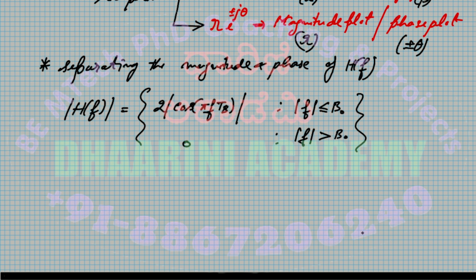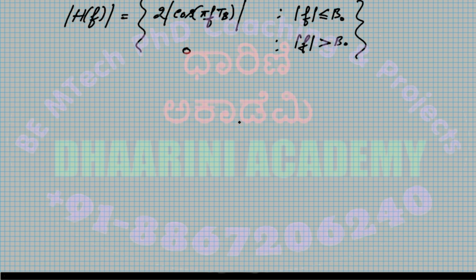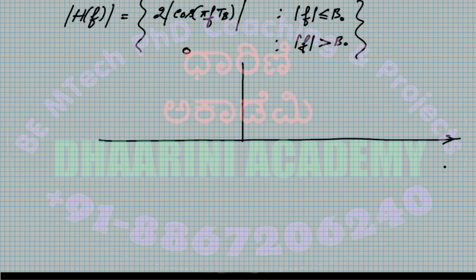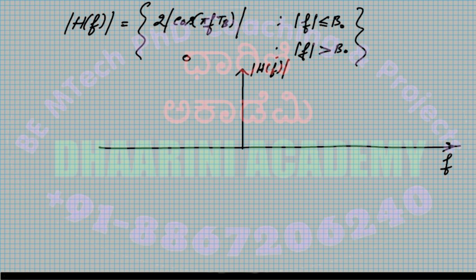All right, so let us try to look at this waveform. This is just a magnitude plot. This is f, and this is what I'm trying to plot as the magnitude of H of f. Now you put f equal to 0 because the horizontal axis is f. When you put f equal to 0, this is cos 0. Cos 0 is 1. I need to multiply that by 2.